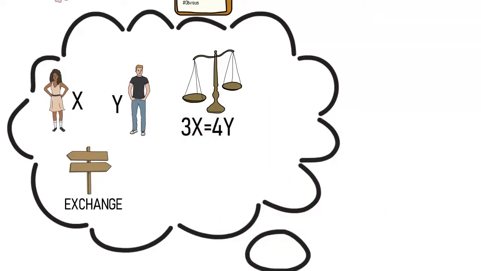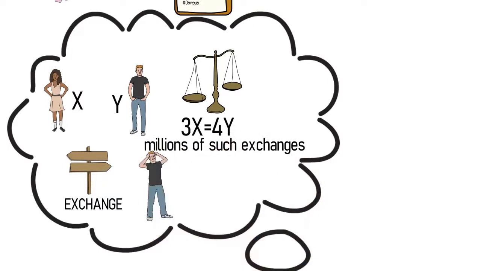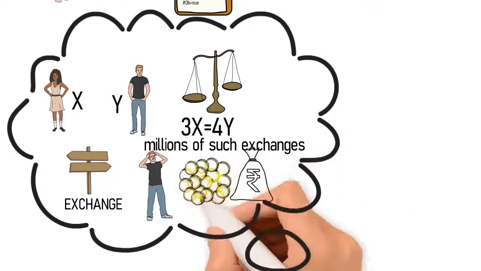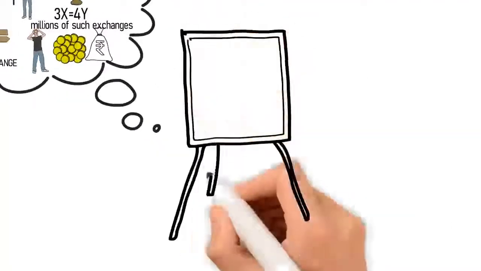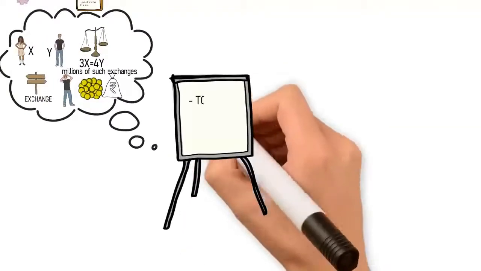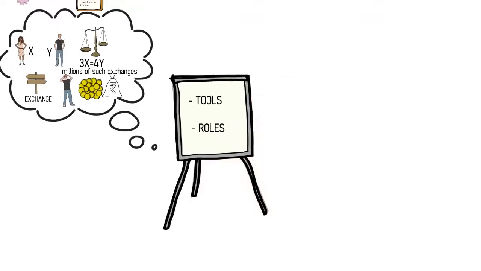Now consider millions of such exchanges. Complexity increased, and that way currency came into the picture. So to manage this currency, we need some tools and each tool has specific roles. So let's understand that first.